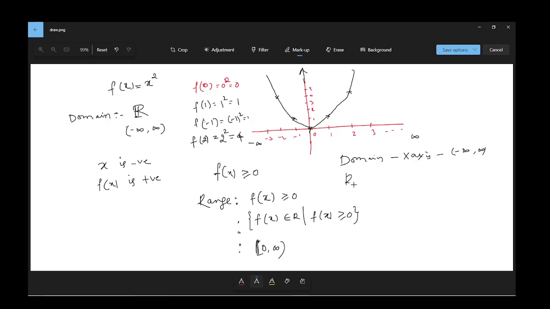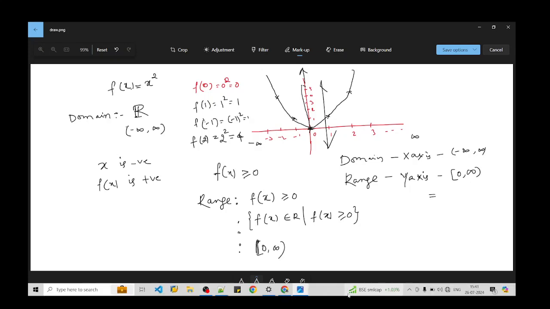To check the range, you always check with the y-axis. Here the curve starts from 0 and goes up to infinity. So the range is 0 to infinity, with 0 included.